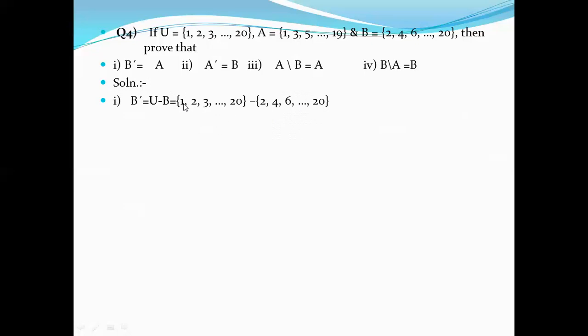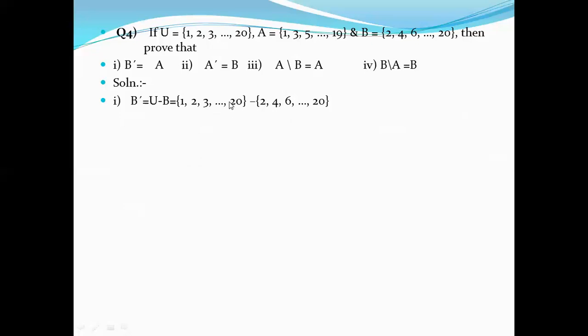Look, 1 is not present in set B, so 1 will come in B complement, 2 will be subtracted, 3 will come in B complement, 4 will be subtracted, 5 will come in B complement, 6 will be subtracted, 7 will come in B complement, 8 will be subtracted, 9 will come in B complement, 10 will be subtracted, 11 will come in B complement, 12 will be subtracted.